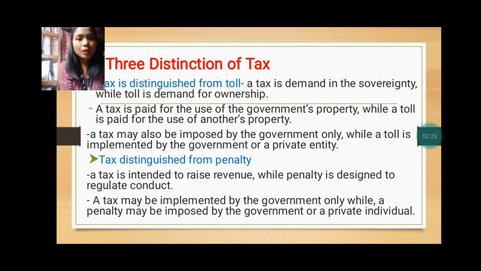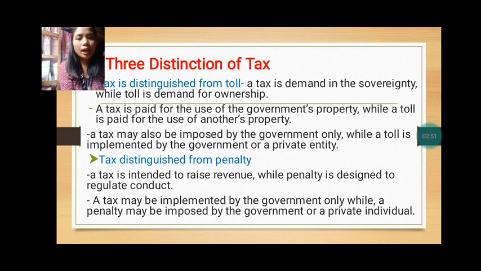And a tax is paid for the use of government's property while a toll is paid for the use of another's property. A tax may also be imposed by the government only while a toll is implemented by the government or a private entity. So, yung tax is yung ini-impose lang ng government, while yung toll yung pwedeng implement ng government or yung private entity.